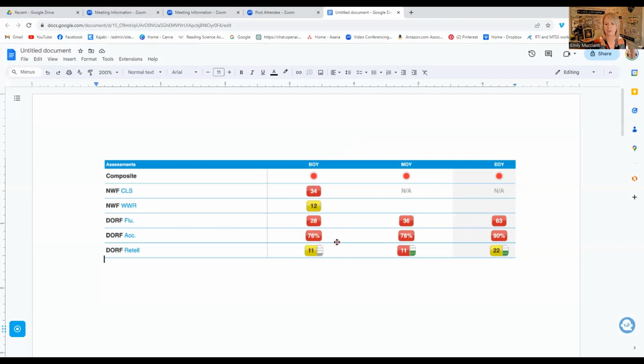There's almost no change in the accuracy portion, and just a few words. What is that? I don't have my glasses on. 8 words. So what happened with this student is, because of this number, this student did not receive intervention at the beginning of the year, which means they went through this entire span of time between beginning and middle without intervention.